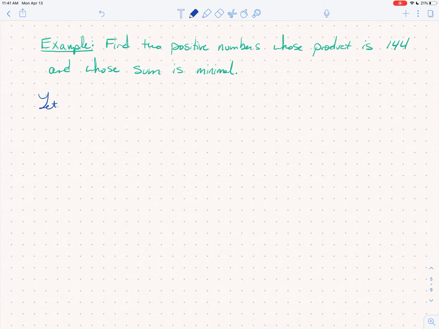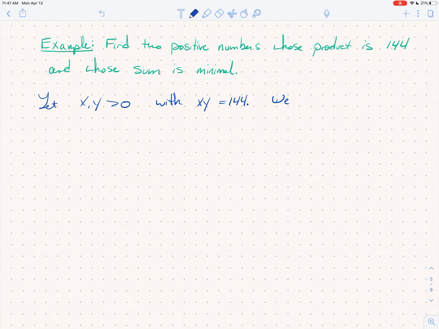So the way that I would start this is I would say, look, let's let x and y be positive. These are positive numbers. And then we want to assume that their product is 144. Okay? So then we should go ahead and say what we want to optimize.